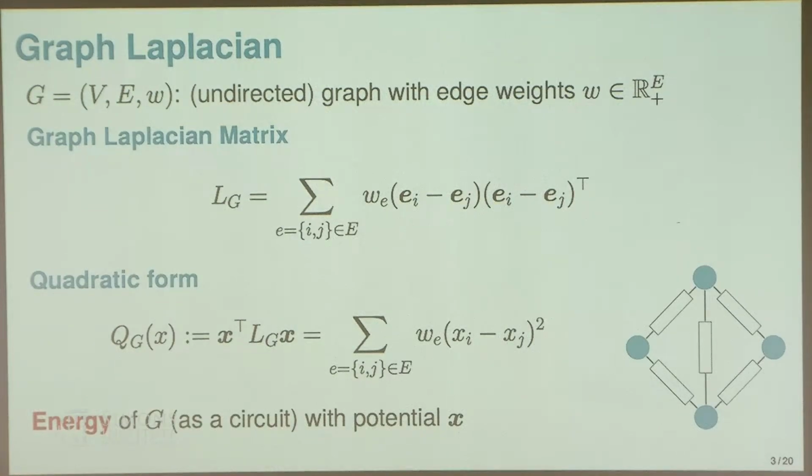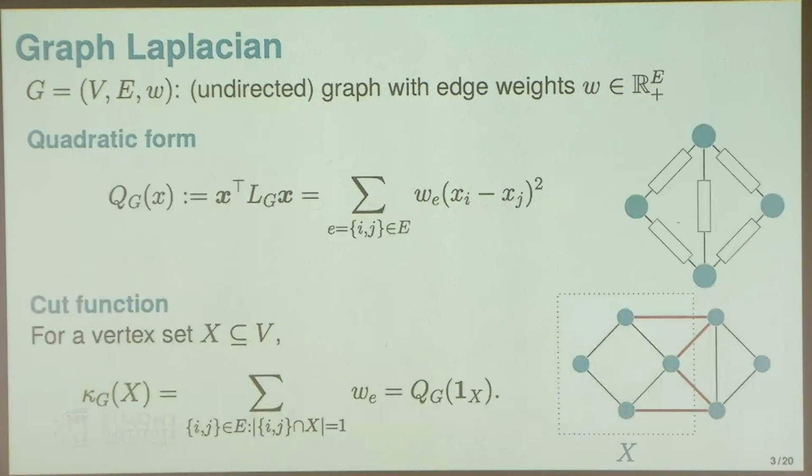Then the potential difference may cause electrical current. Then what will be the power of the circuit incurred by that current? That is given by the quadratic form. Physically speaking, it should be called power, but for some reason, this is called energy in the literature.